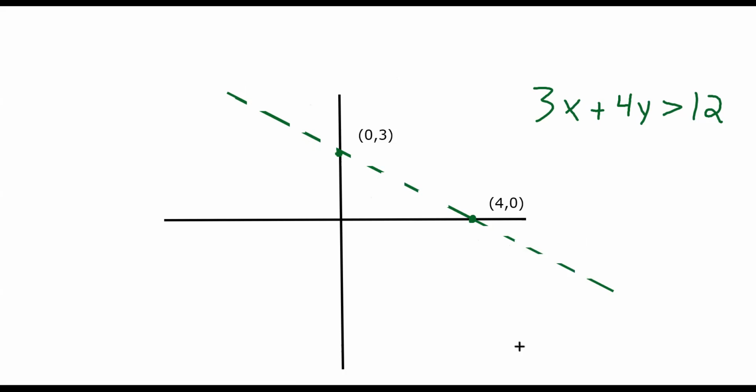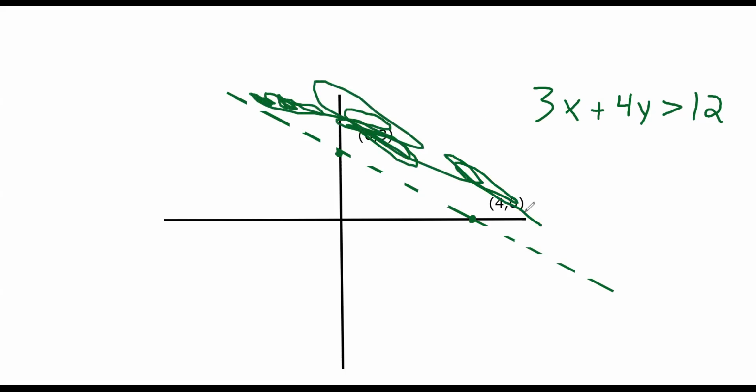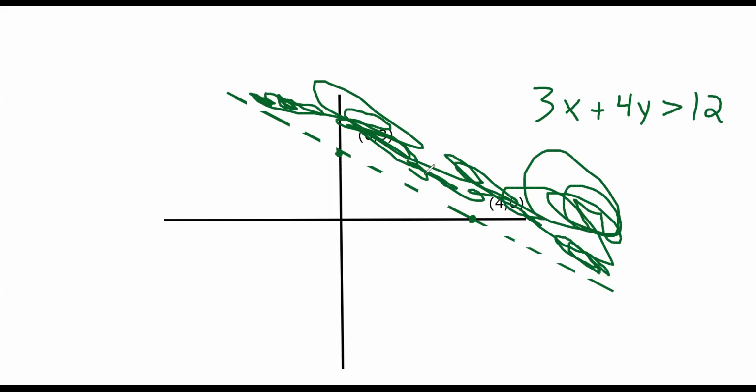Okay, so we've got our line. It's dashed. Now the decision on whether it should be shaded above or below, it turns out it should be shaded above.